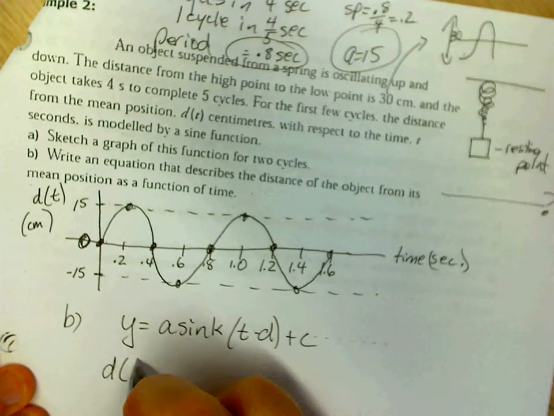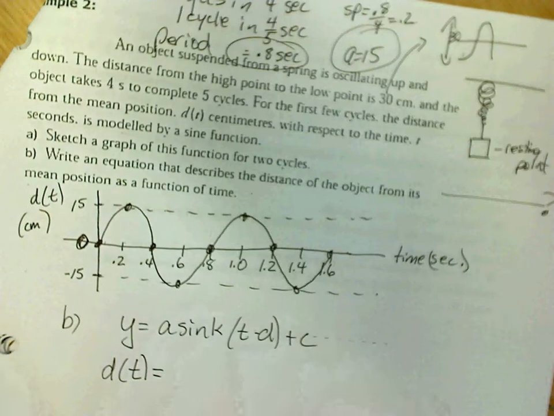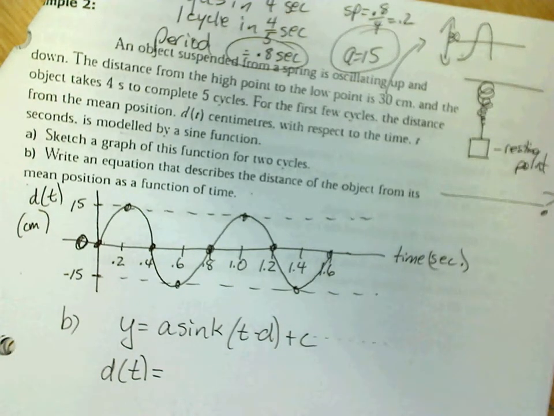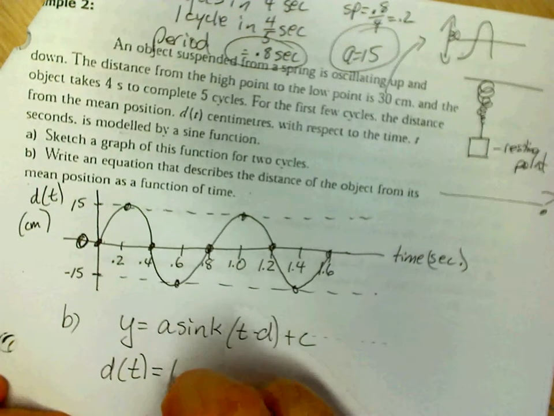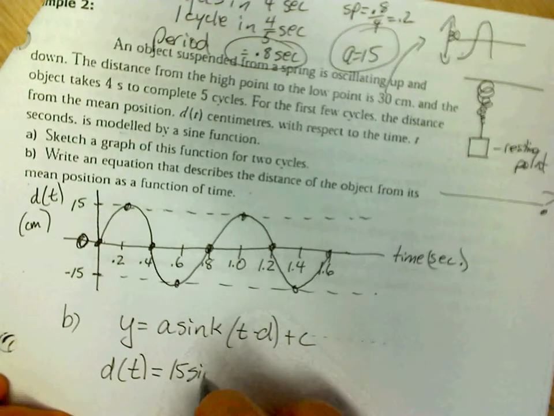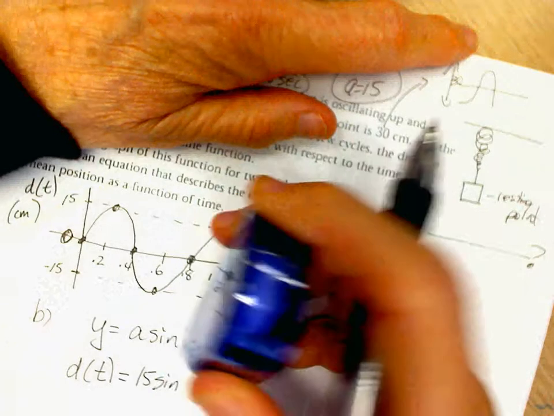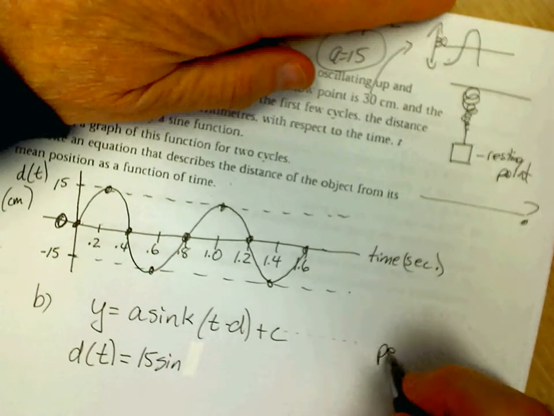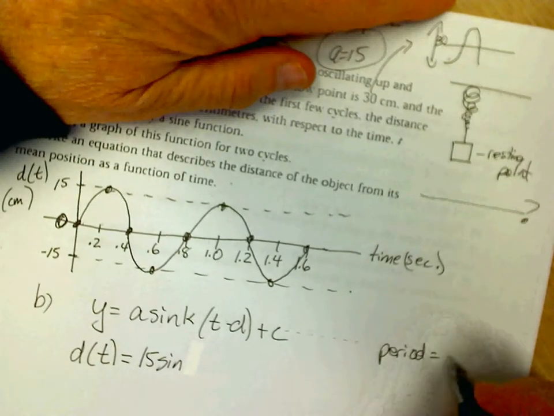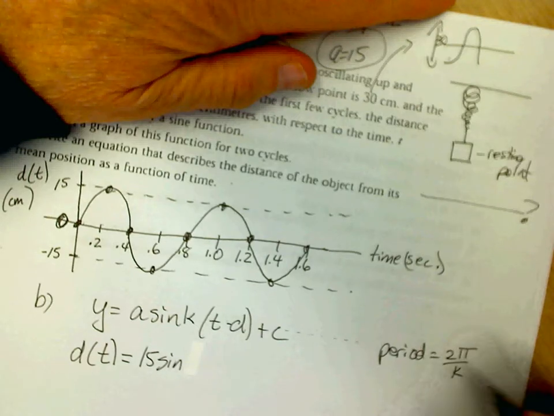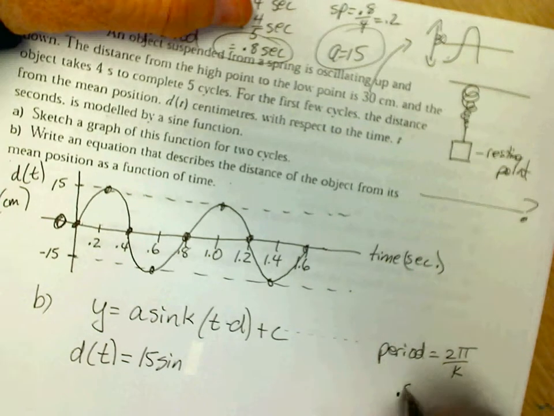Our a is 15. I don't think we calculated k yet. So period equals 2 pi over k. Our period is 0.8, and that equals 2 pi over k.